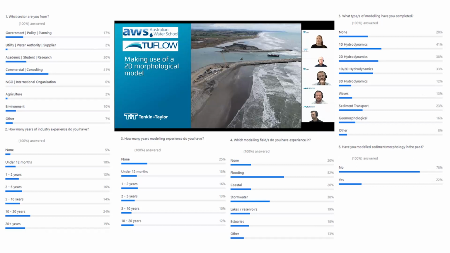And we have a pretty even spread of industry experience as well. For the modelling fields that you have experience in, there's a fair spread there, mostly in flooding and stormwater. And mostly involved in 1D, 2D hydrodynamics there, with some people involved in 3D and wave modelling as well.